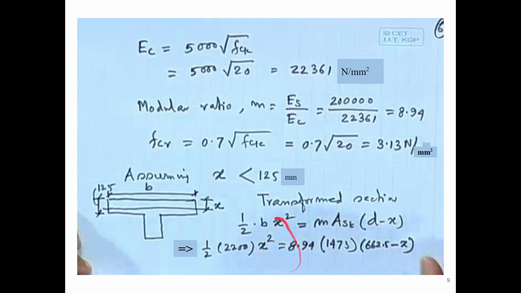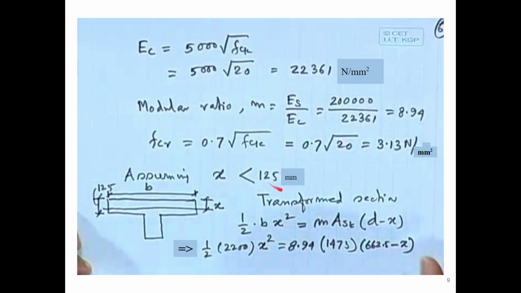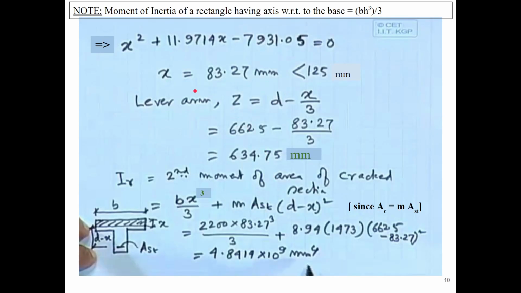From this we calculate the x value by substituting the other values, and we get 83.27 millimeter. This is less than 125 millimeter, so our assumption is right; the neutral axis is inside the flange.